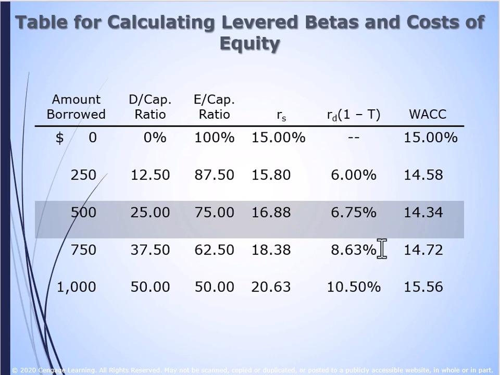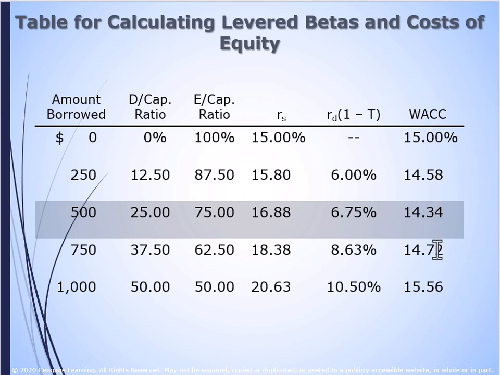First thing we can do is we can calculate the weighted average cost of capital. If you remember, it's just the weight, right? 0 times the cost of debt plus 100% times the cost of equity, 15%. That's our weighted average cost of capital at 0% debt.